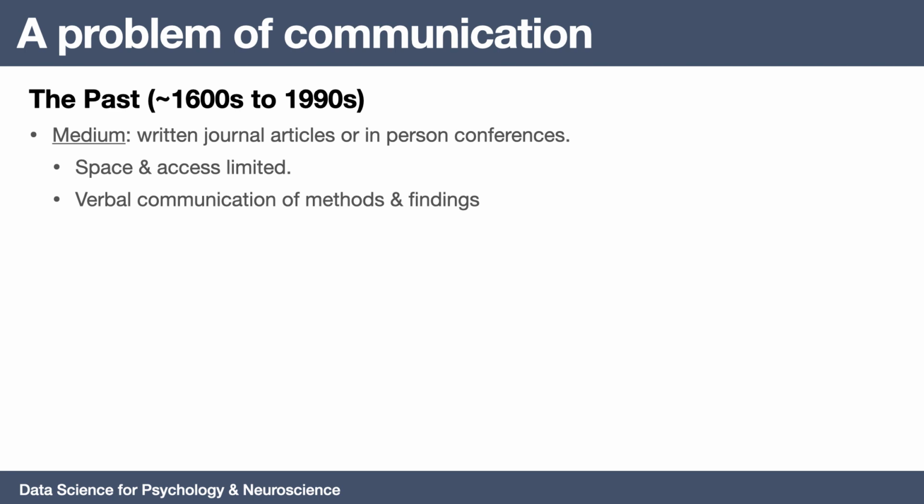It was very expensive to print at the printing press, so you wanted to communicate your results as efficiently and effectively as possible. You had to reduce the amount of space on the printed page. It was restricted to people who could travel, who could meet in these groups. And really, verbal communication, either spoken or written, was the primary medium of conveying your methods and your findings.